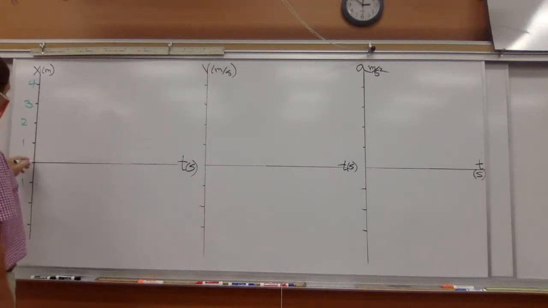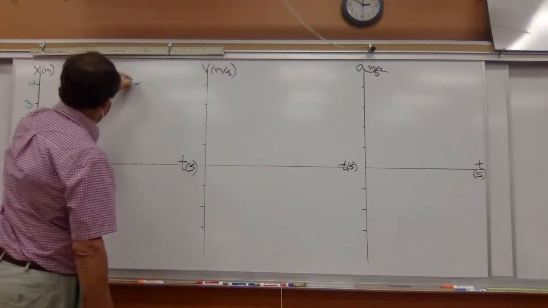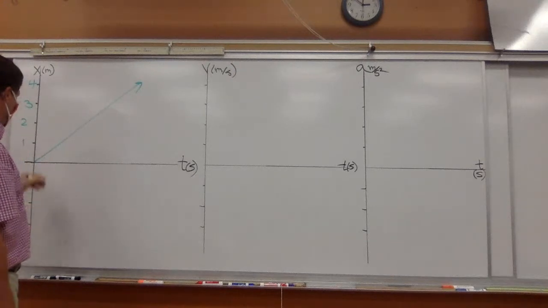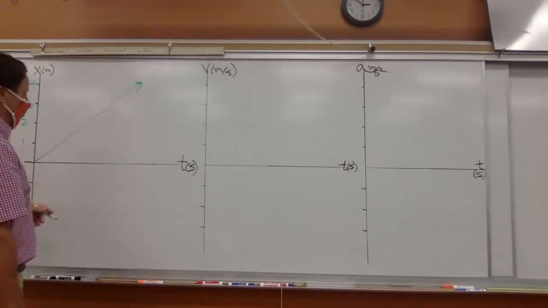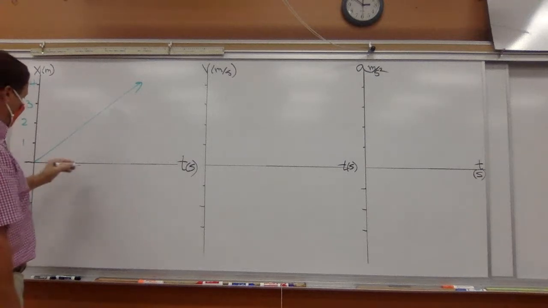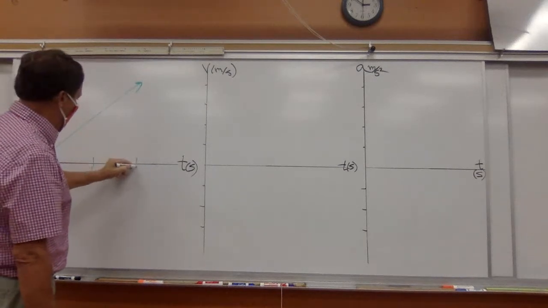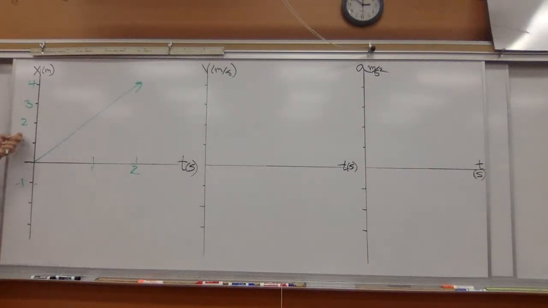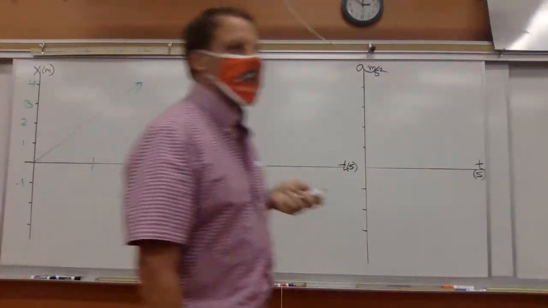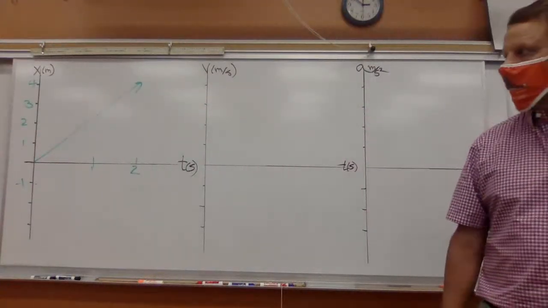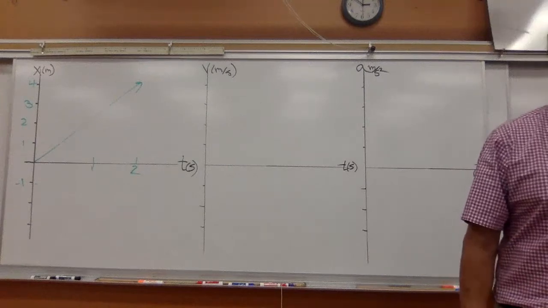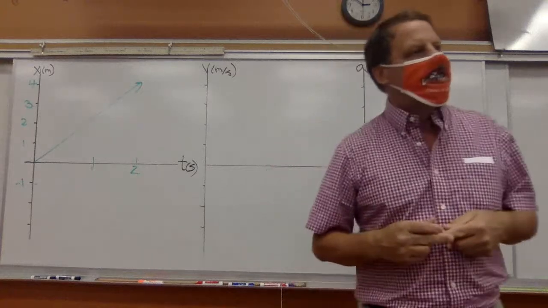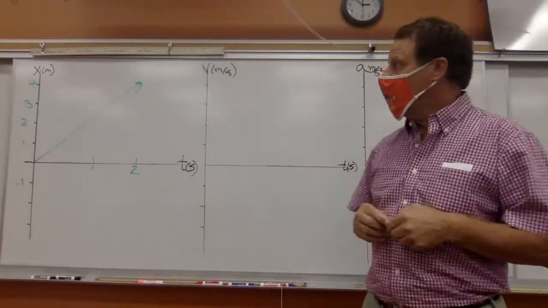Now, what if we had something like this, and let's go 1 and 2. What is this describing? It's speed. How do we know the speed looking at that? It's position over time.